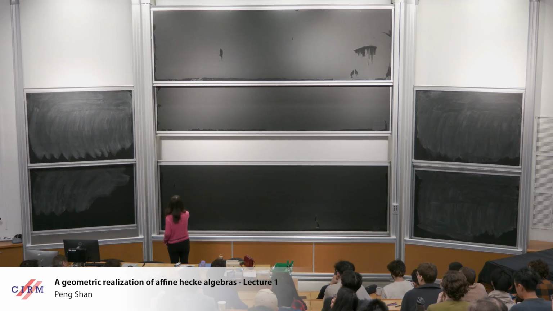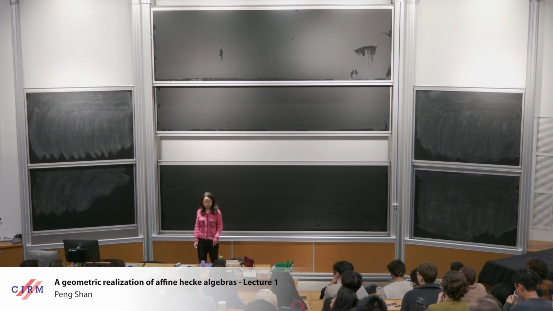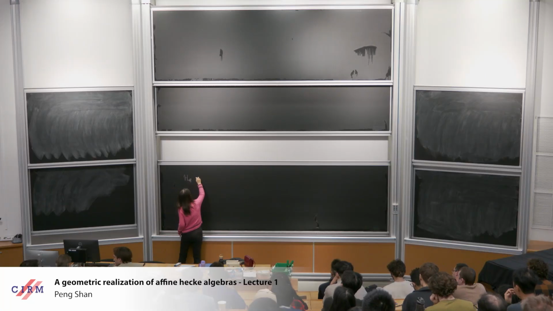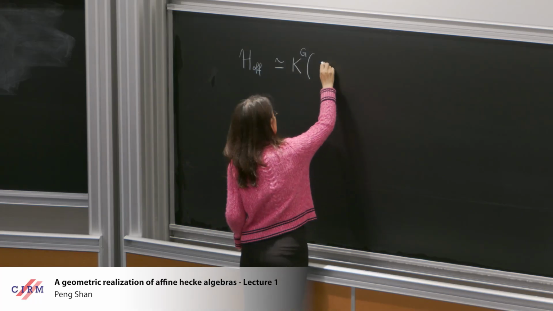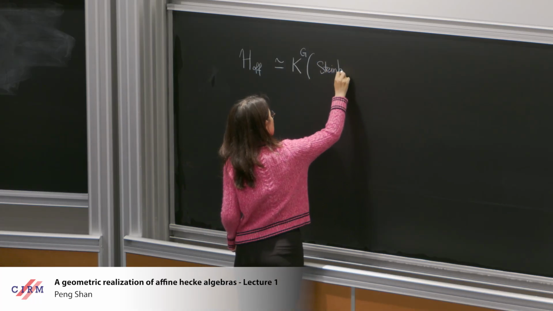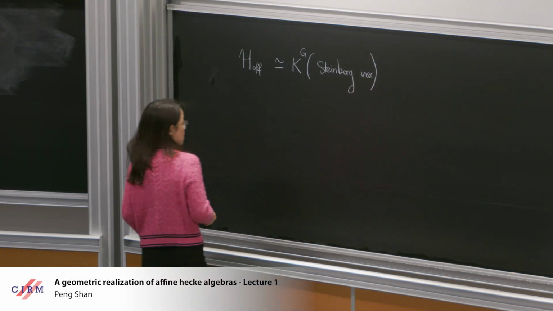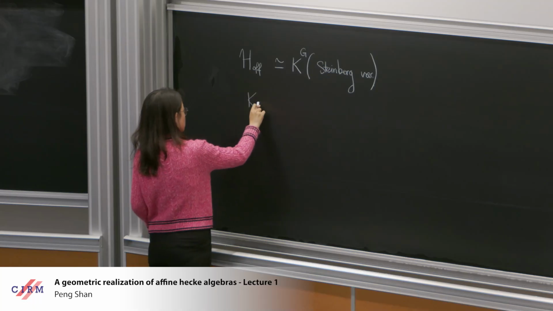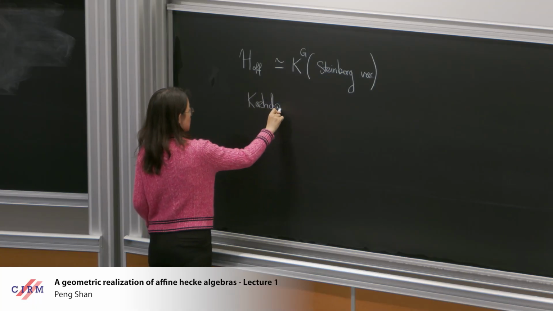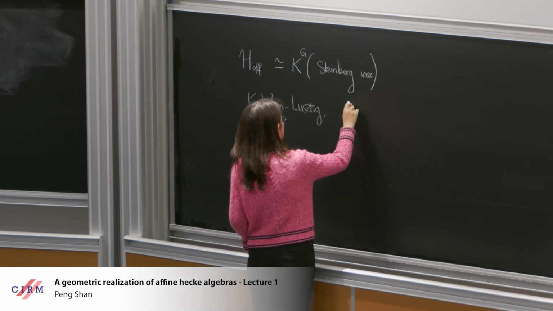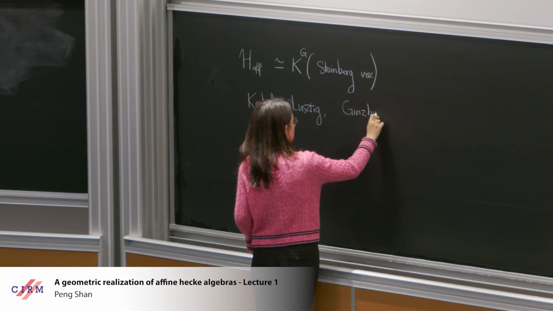So I decided to talk about a very important piece in geometric representation theory, which is a realization of the affine Hecke algebra as an equivariant K-theory of the so-called Steinberg variety. This is a theorem due to Kazhdan-Lusztig, and also some version due to Ginzburg.